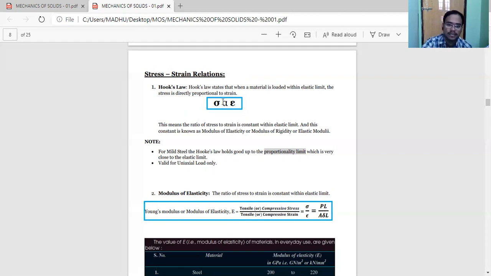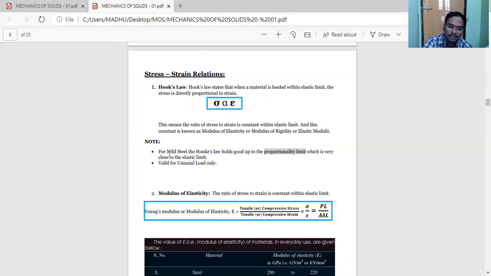That is, sigma is proportional to strain. This means the ratio of stress to strain is a constant within elastic limit. When we remove the proportionality, we get a constant, that is modulus of elasticity, or Young's modulus.